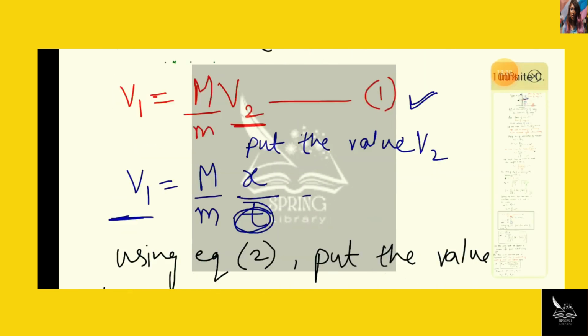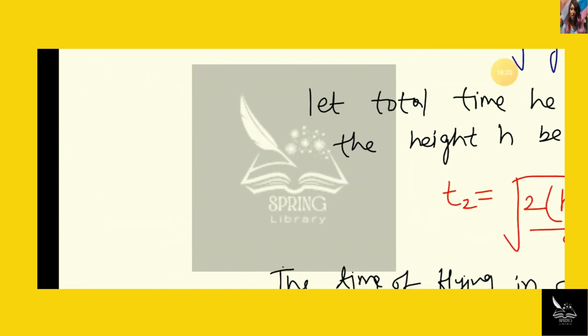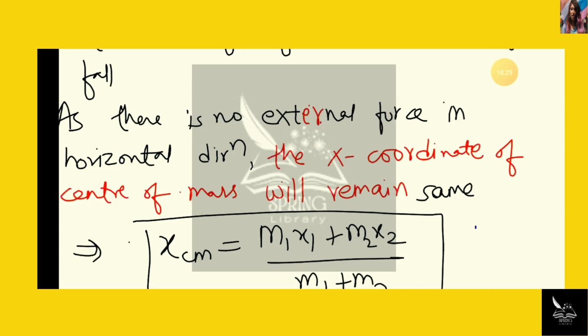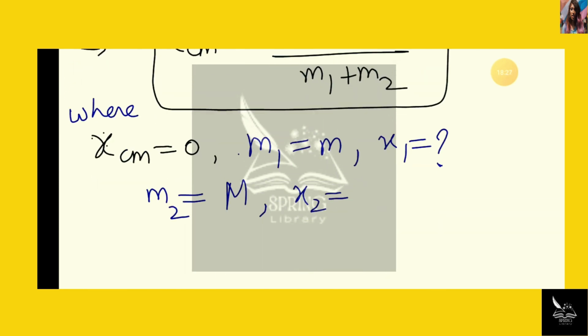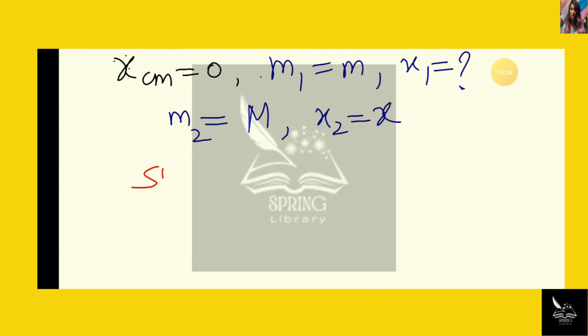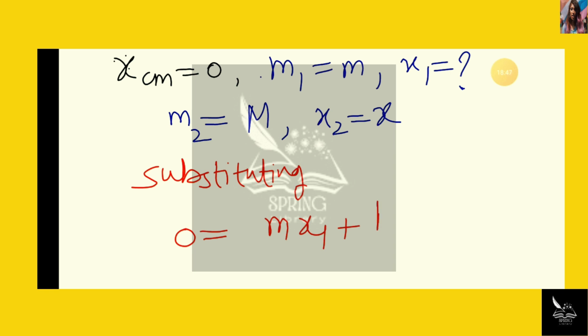Now after getting the value of all data, substitute here. So after substituting, 0 will be small m times x1 plus capital M times x divided by small m plus capital M.